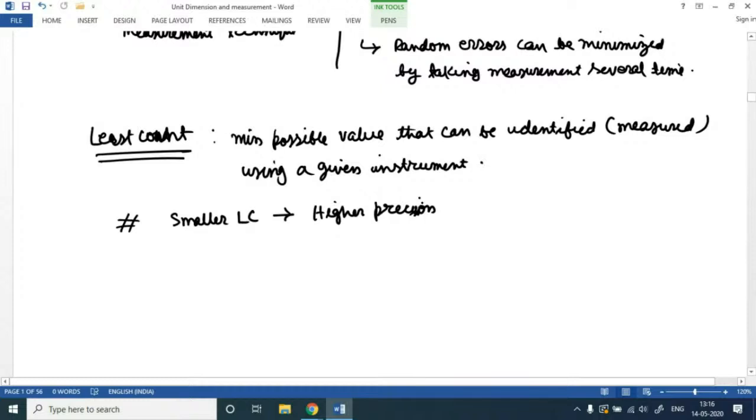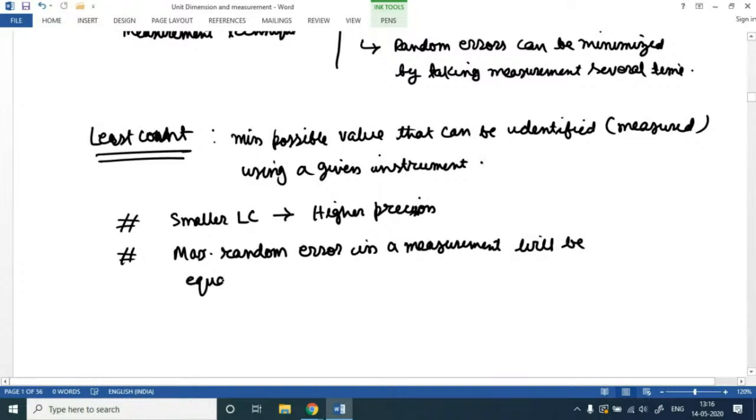And also maximum random error. You should also realize that the maximum random error in a measurement will be equal to the least count of the instrument. Let me explain that fact to you.